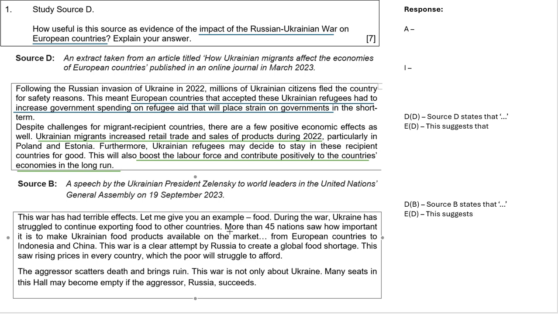If you read carefully, you realize that more than 45 nations saw how important it is to make Ukrainian food products available on the market, because it clearly says here, from European countries to Indonesia and China. And it also says that this global food shortage has caused rising prices in every country. So this also includes European countries. So you realize that this is quite an appropriate source to cross-refer to.